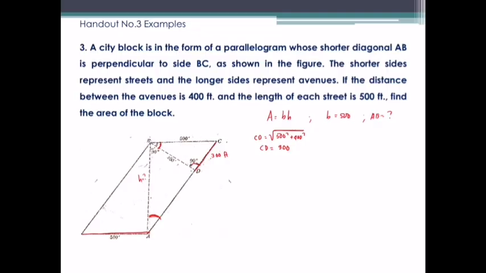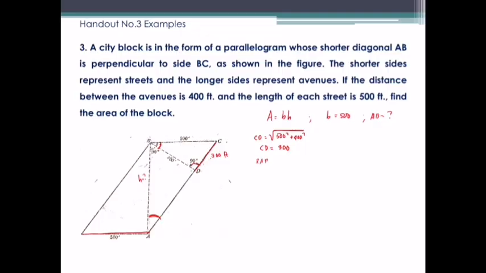So that by ratio and proportion, okay, we have similar triangles. This triangle and this bigger triangle are similar. So we can make use of the concept of ratio and proportion.